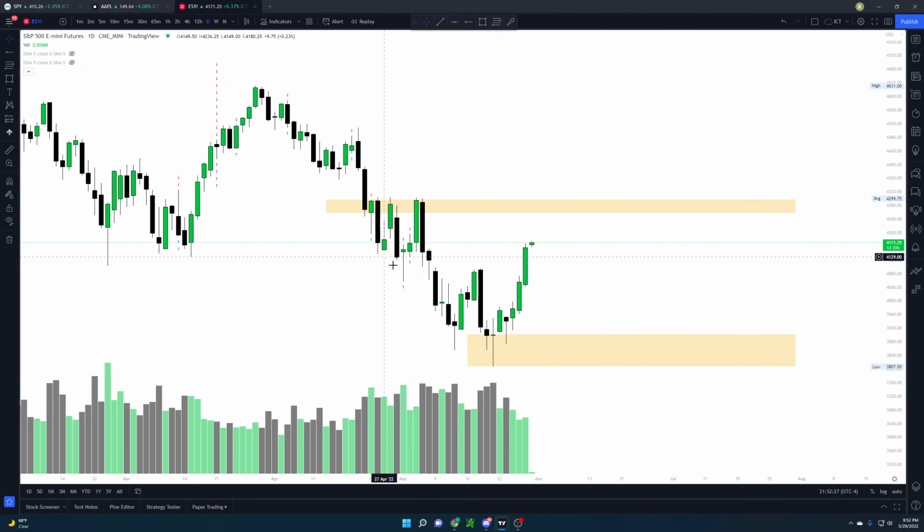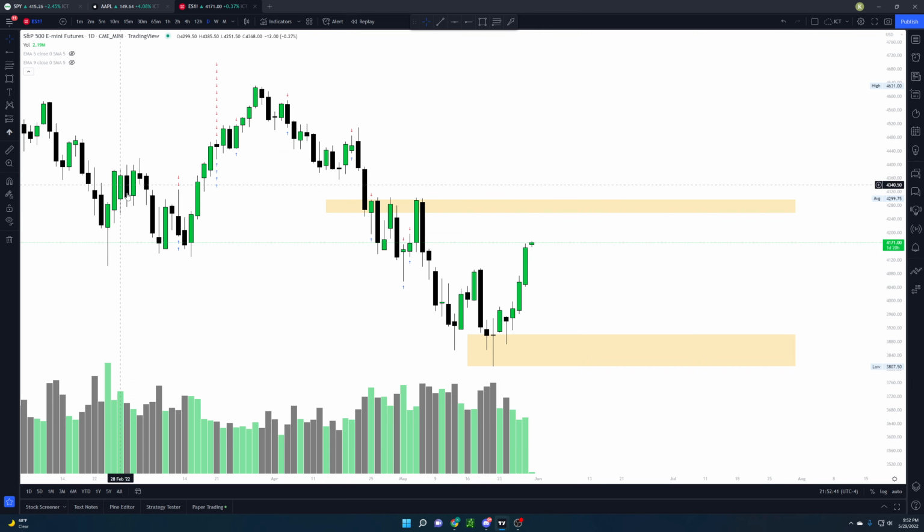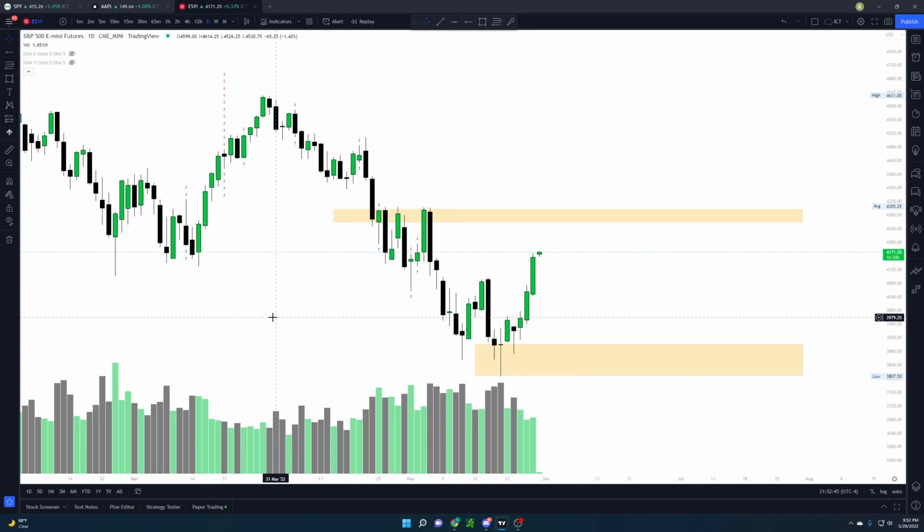So we're kind of just trading in between these ranges here. What feature are you using for the supply and demand yellow zones? I'm using the rectangle here, if that's what you're asking. I think it peaks 430. Yeah, that would put us right around this area here. This is about 430, 429-ish on SPY.